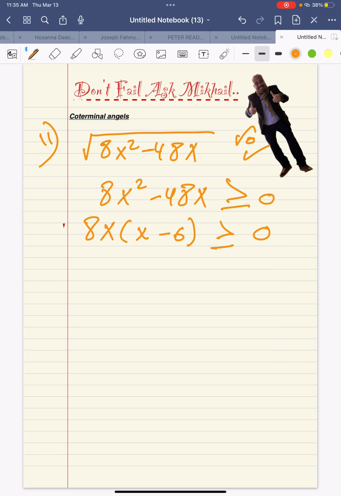So that means x cannot equal to 0. Oh, my apologies. x can equal 0, no problem here. 0 minus 0, that's okay. x actually cannot equal positive 6.